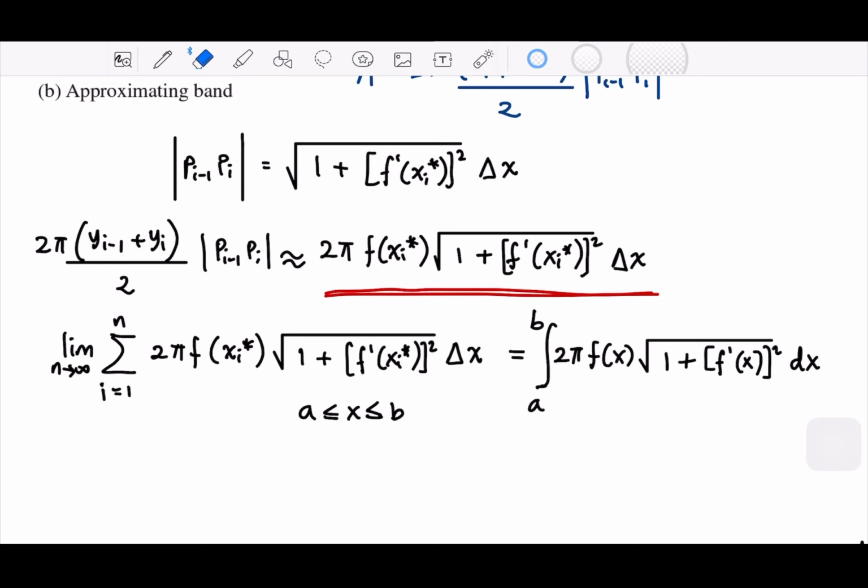So you can find the first derivative of the function, square it, plus 1, and then square root, and put it here. And then you can try to find out the result from the integral. Yeah, so there are at least 3 or 4 steps in working on this surface area.